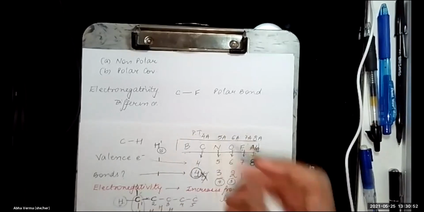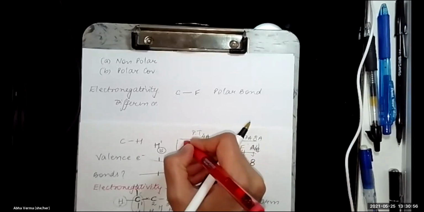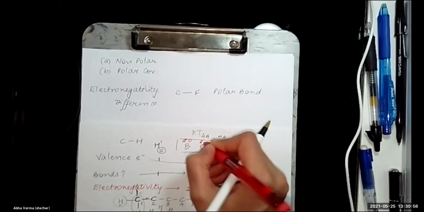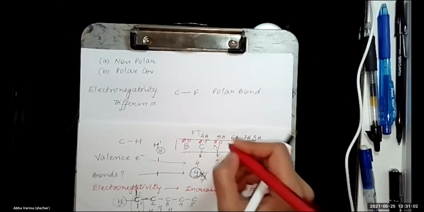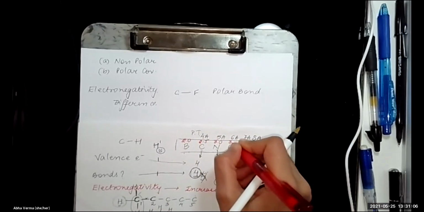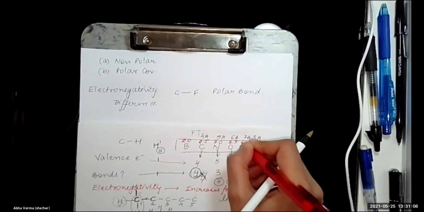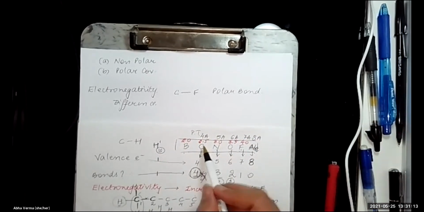But if you look at the electronegativity values, and I'm just writing whole decimals, I'm not going to go into details, this is 3.5 and this is 4.0. You can see that there is a significant electronegativity difference between carbon and fluorine.